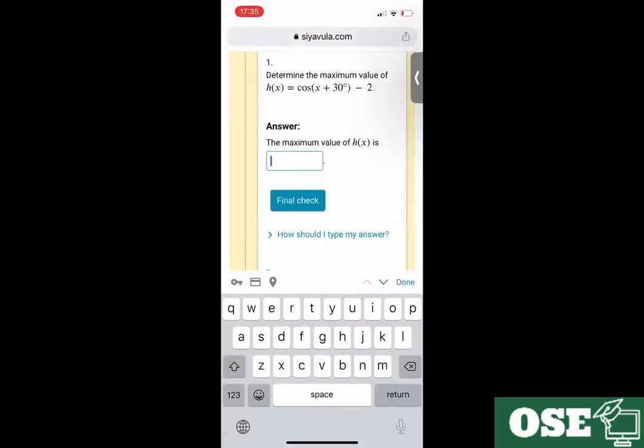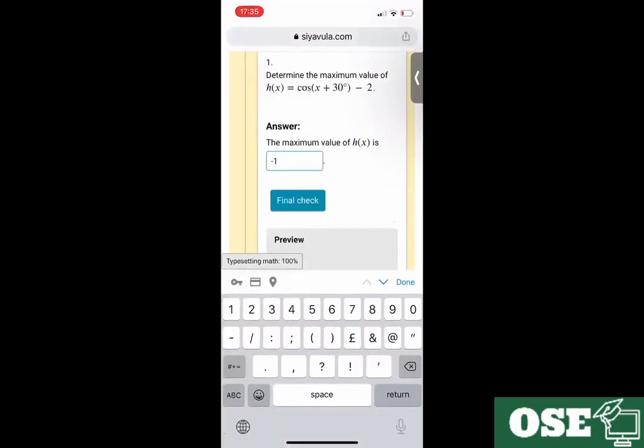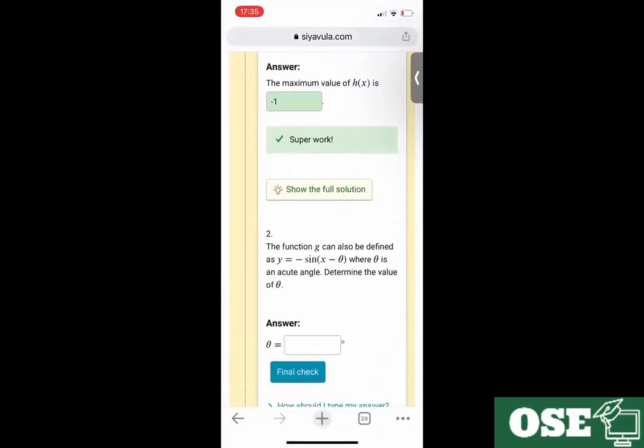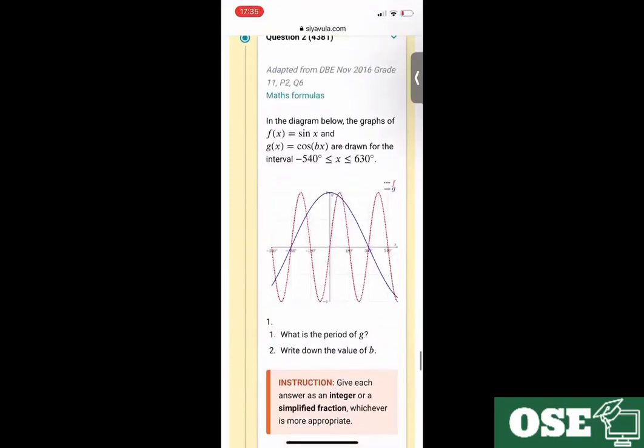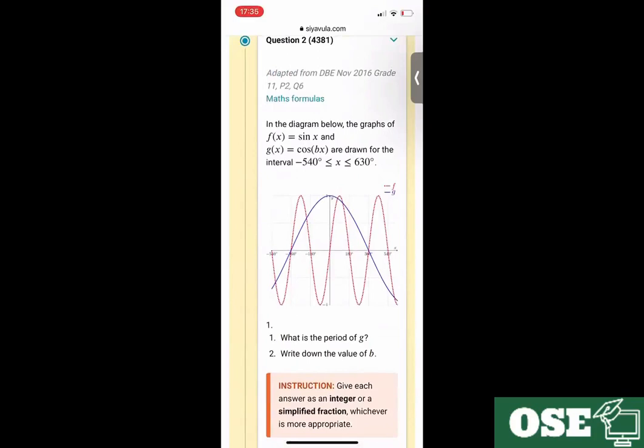Nigel. Are you here? Yes, ma'am. Okay. So unfortunately, you have 2 questions. In the diagram below, the graphs of f of x equals sine x and g of x equals cos bx are drawn.